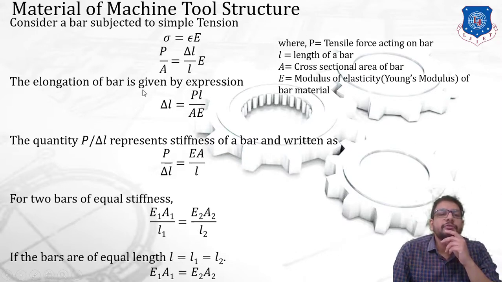Now the elongation of a bar is given by the expression. From this equation we can make delta L the subject, so it can be written as delta L equals PL upon AE.